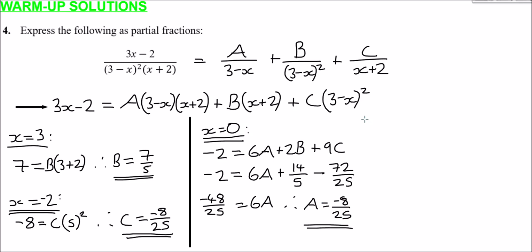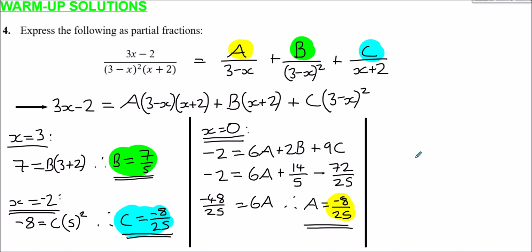Finally, piecing all this together, we've got our answer. We know that a is that, b is 7/5, and we worked out that c is this.